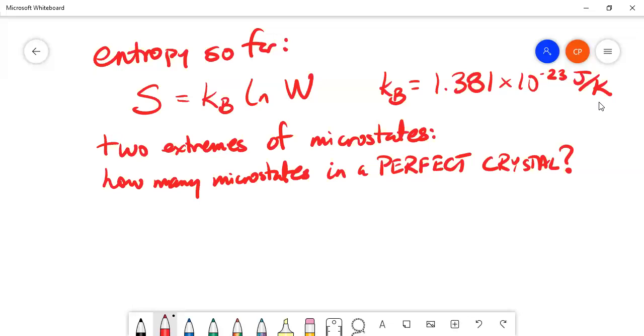So there's not any real room to move around. And the more perfect that crystal is, the less room there is to move around. And I can model that perfect crystal as if I have one microstate.